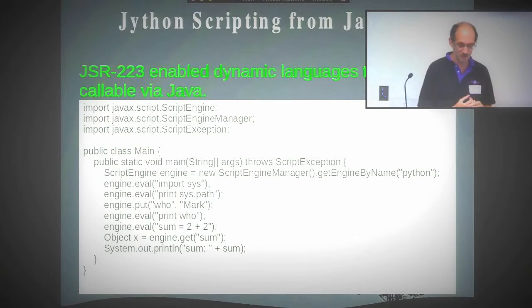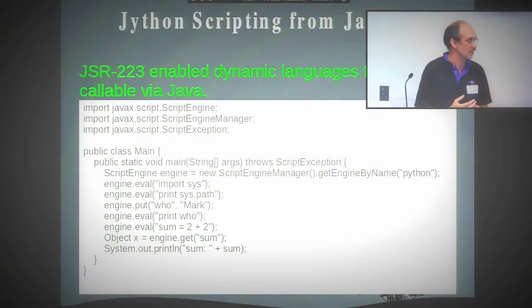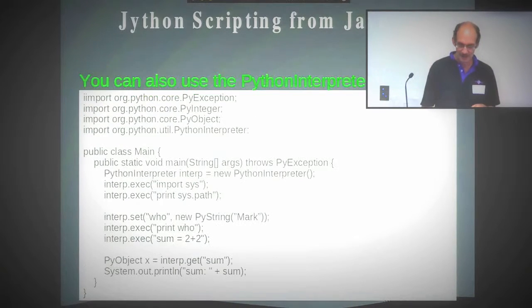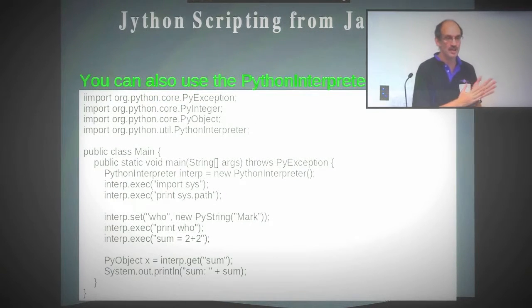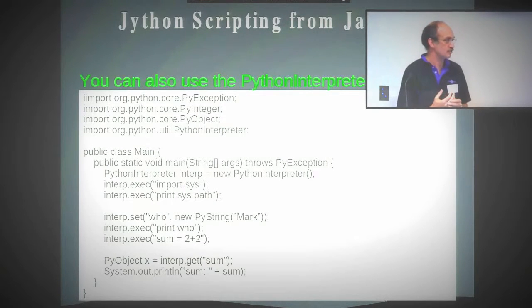That's a very Java way of doing it. I believe this was originally written so that they could run Groovy and JRuby from within Java. Jython added support for it. But Jython has always had the ability to be embedded in Java prior to that, basically by making a Python interpreter object available. Same type of thing, but you get access to all the Python objects as well.